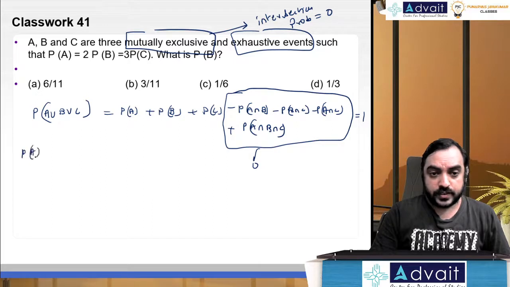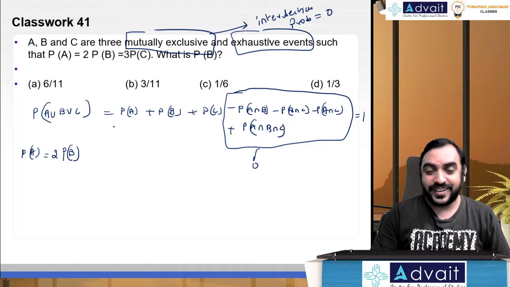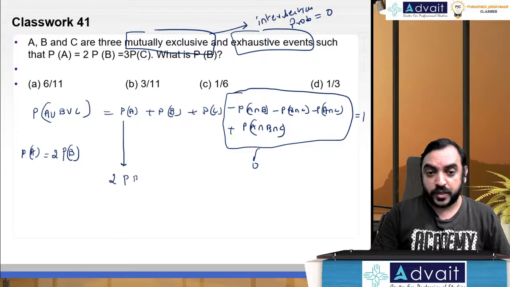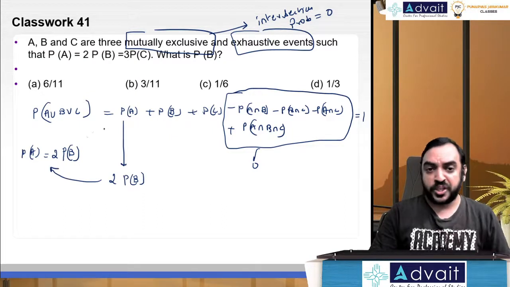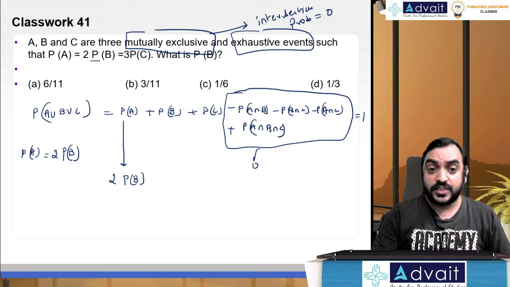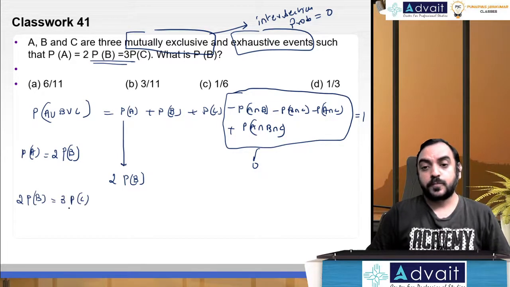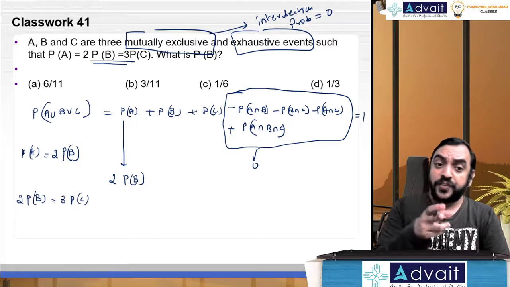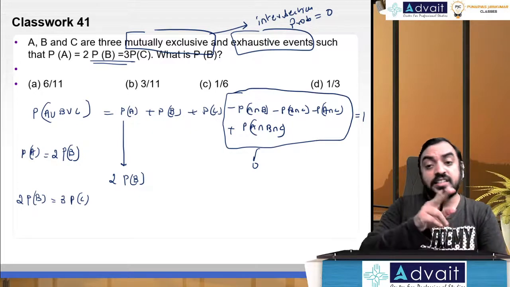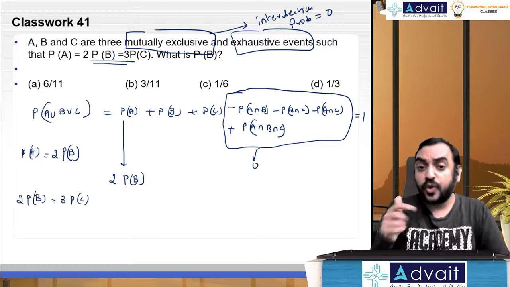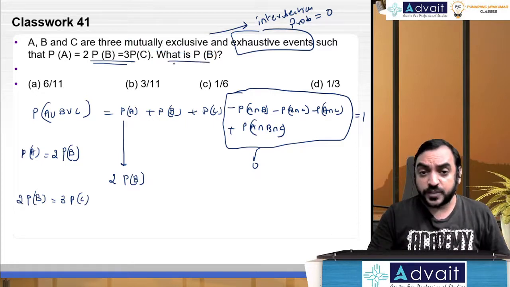Probability of A equals 2 into probability of B. Just now I showed you probability of A is 2 into probability of B. Similarly, 2 into probability of B equals 3 into probability of C. Now, I can simplify either in terms of B or in terms of C. But what is the requirement? What is probability of B?